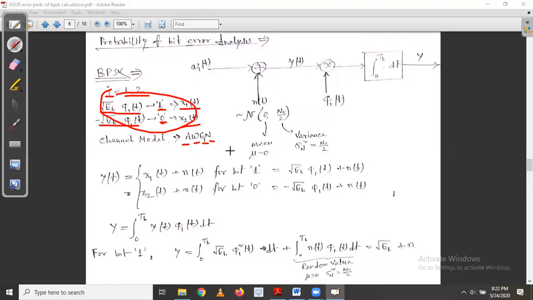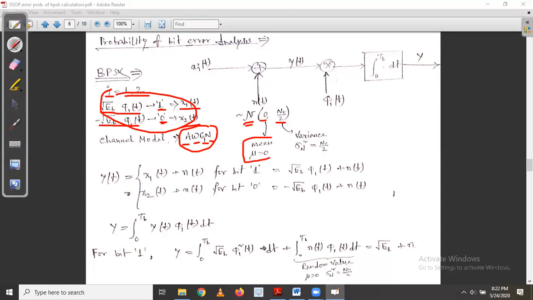Different kinds of noise are there, and we have to consider this one. This noise is denoted by capital N, in which two things are there: one is the mean, one is the variance.